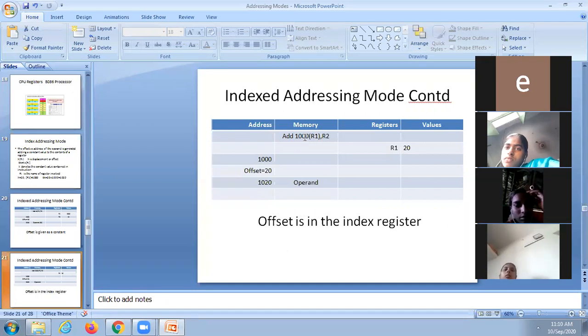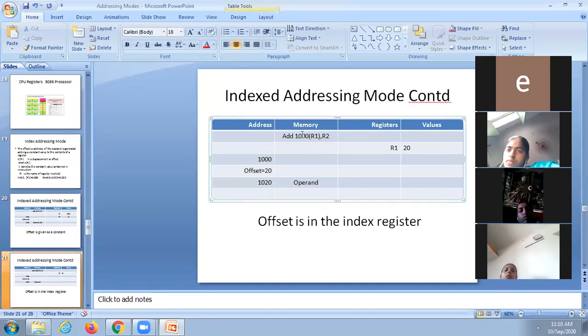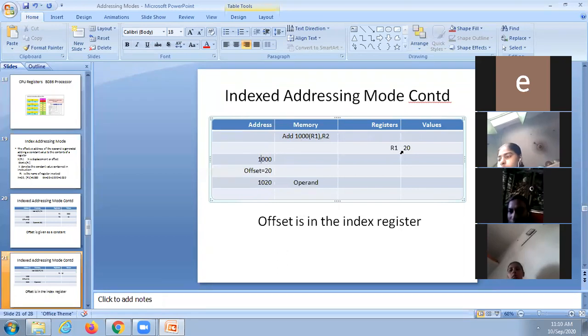Earlier we had x as 20, and R1 contained 1000. 20 and 1000 were there. Now it is changed. Now you check it once again. Here offset is in the index register. So this 1000 is x, and R1 contains 20.